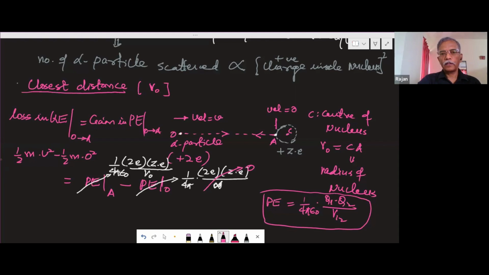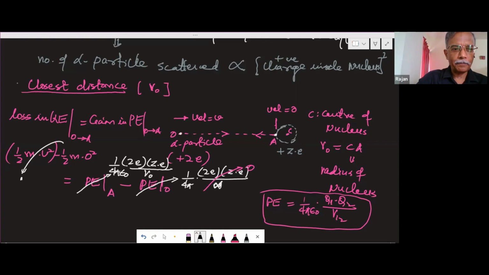Now here, if you want to write the velocity, anything we can find. Normally, this is your Ke, the initial Ke at O. So call this K. K is the initial Ke of the alpha particle.